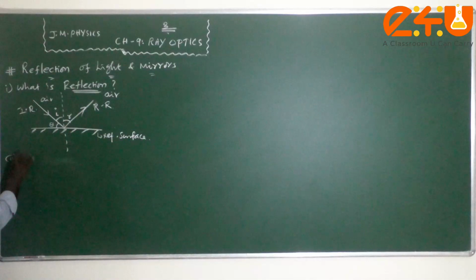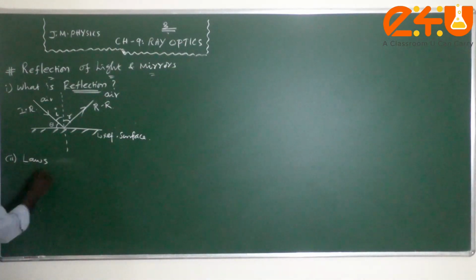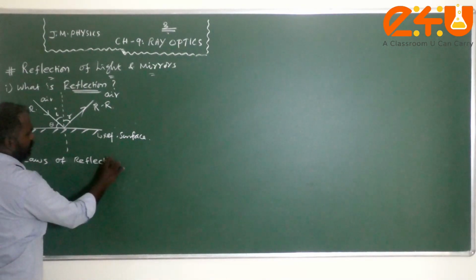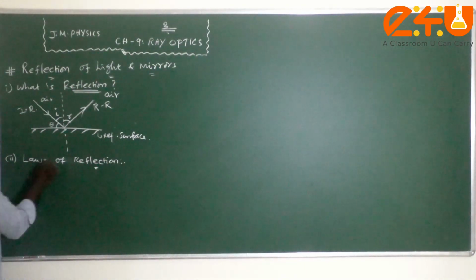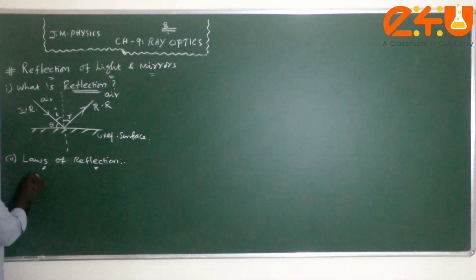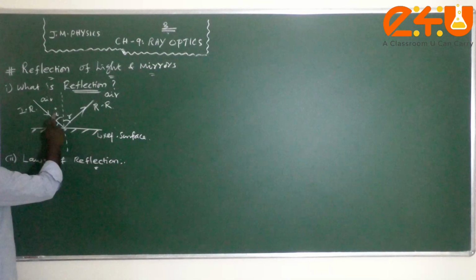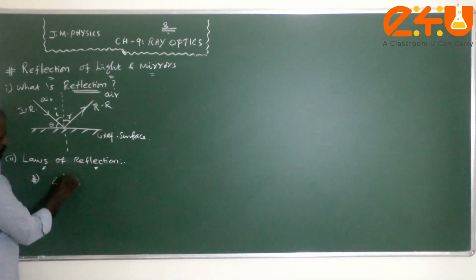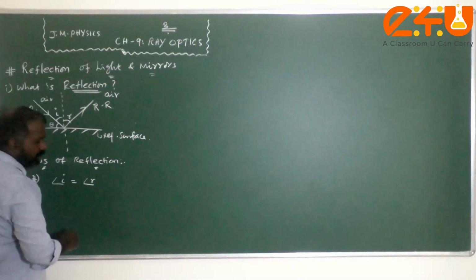And next we are going to discuss the laws of reflection of light. Just see, the first law says that the angle of incidence should be equal to the angle of reflection.